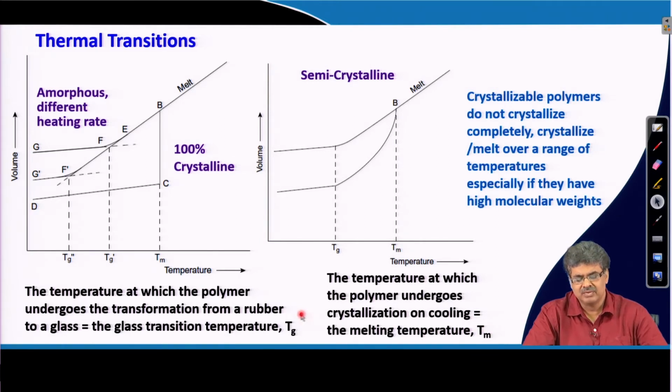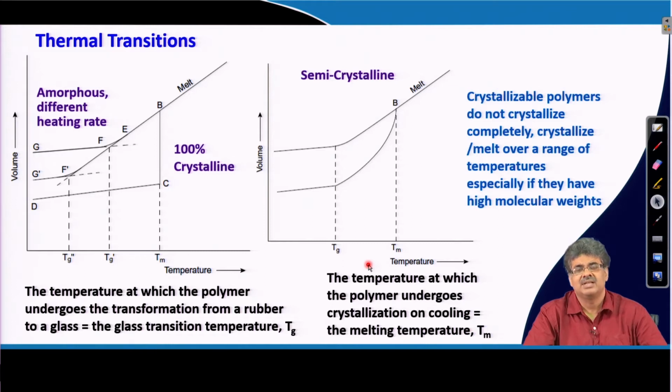So, now we know what is Tg or glass transition temperature for a polymer and the melting temperature or Tm for a polymer sample. Remember, here we are talking about the temperature at which the polymer undergoes crystallization on cooling, because on heating sometimes there could be heating induced crystallization, and that will also induce crystallinity, but that is not a melting temperature.